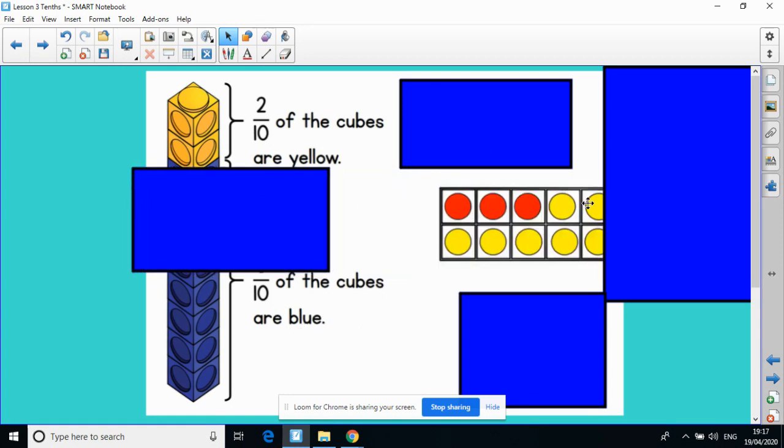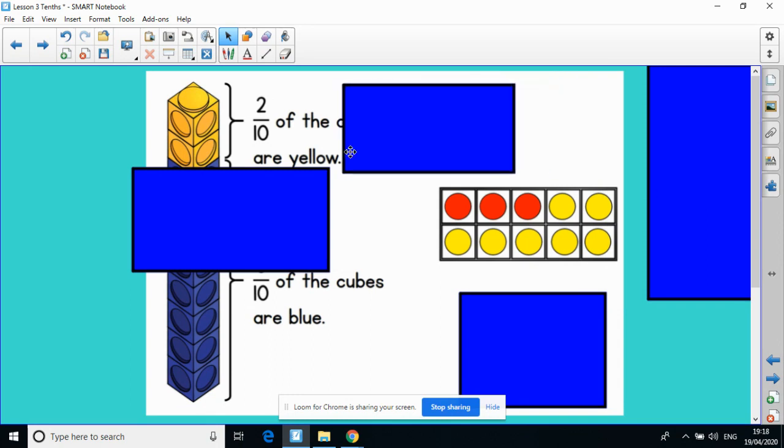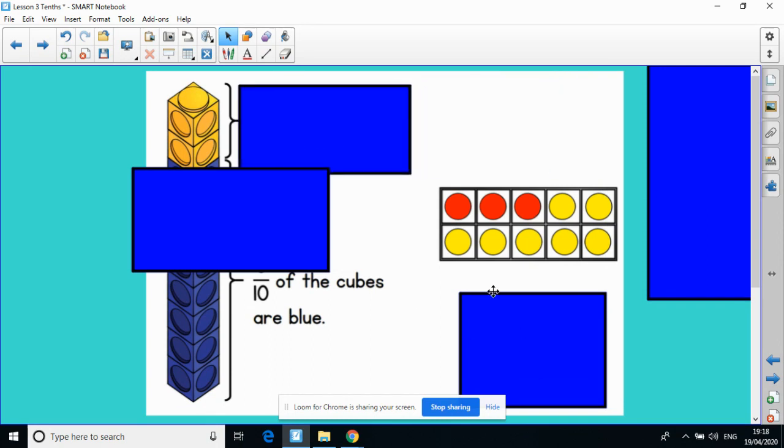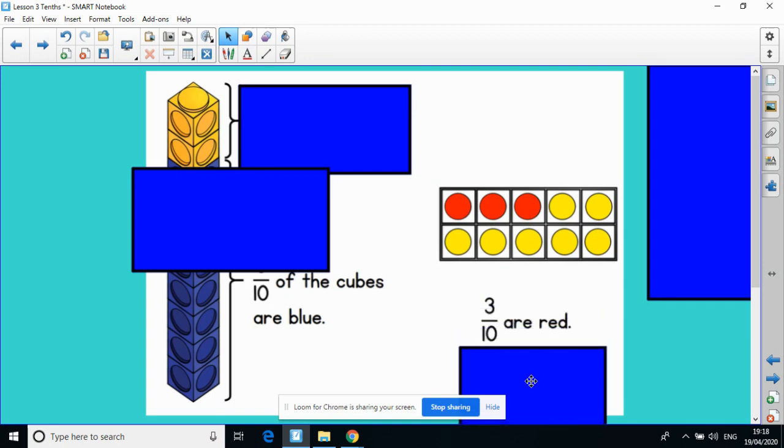We can also show this in a 10 frame. Here we have 10 counters. How many of the counters are red? Yes, 3 of the counters are red. That's 3 out of 10. 3 tenths are red.